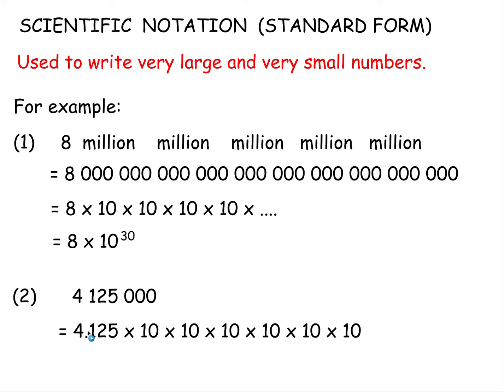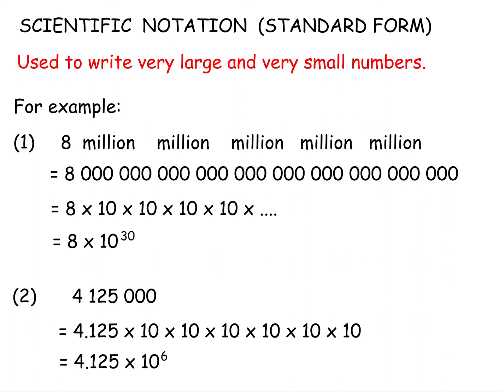This decimal point has to jump 6 digits to get after the last 0. So it's 4.125, and I multiply by 10 6 times. That means 10 to the power 6. So that means multiplying by 10 6 times; the decimal point moves 6 places.